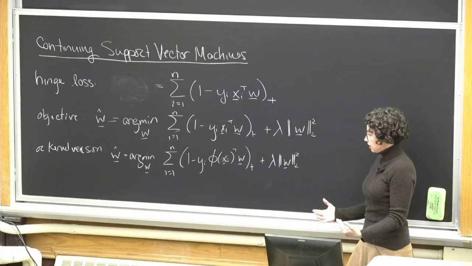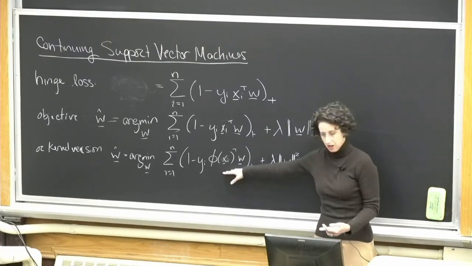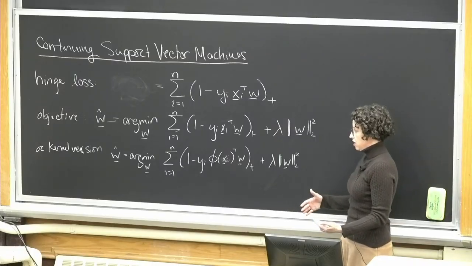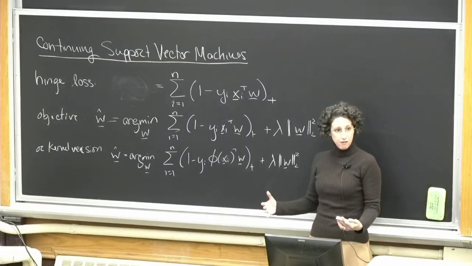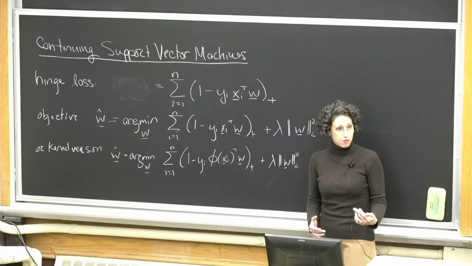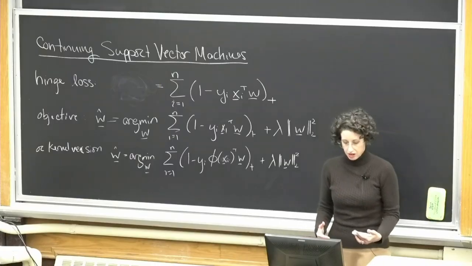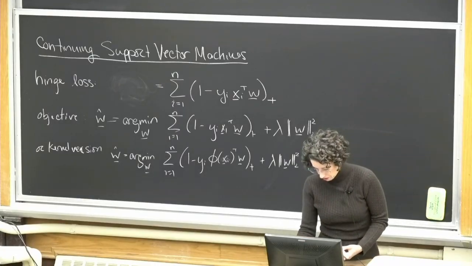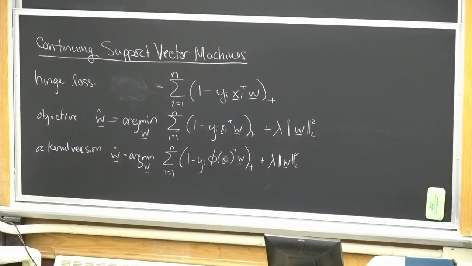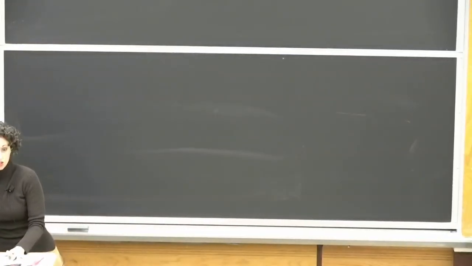And what we did is we showed how to go from our objective function, again with squared error instead of hinge loss, to an expression that only used the kernel function and did not use phi. And for a support vector machine where we're using hinge loss, we can do something totally analogous, which can be very helpful.